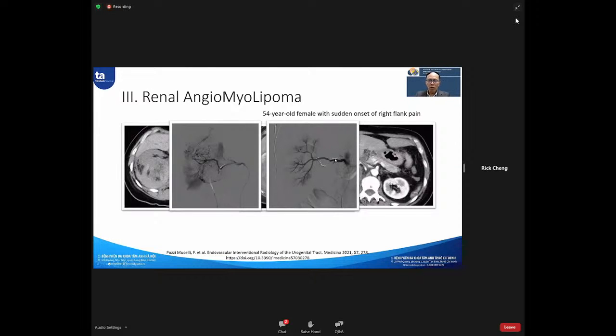After the embolization, you can keep almost all of the renal parenchyma.